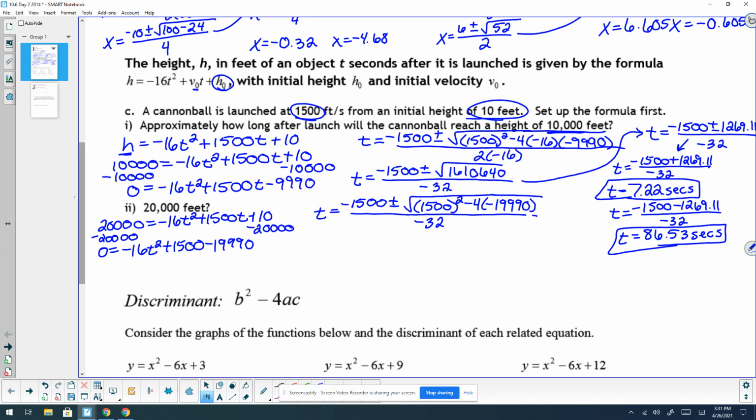I can go ahead and calculate what's underneath my square root. So it would be 1,500 squared minus 4 times negative 16. I forgot to put the negative 16 in there. Sorry. Board's going slow now. Times negative 16 times negative 19,990.